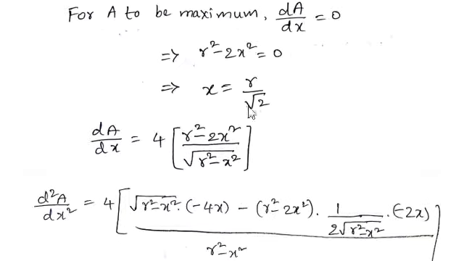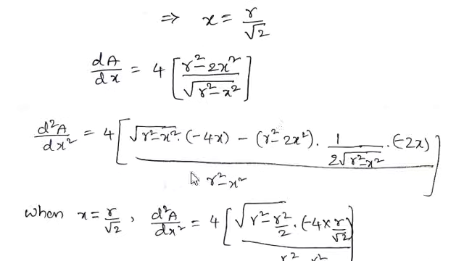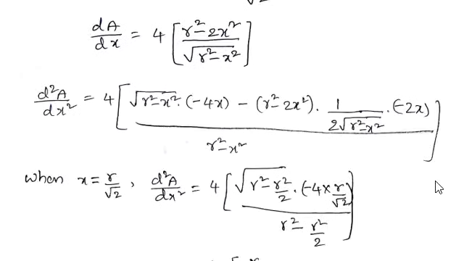And here when x is equal to r by root 2, the value of d square A by dx square is, when you substitute r by root 2 in the place of x, under root of r square minus r by root 2 whole square, means r square by 2, and minus 4 into r by root 2.